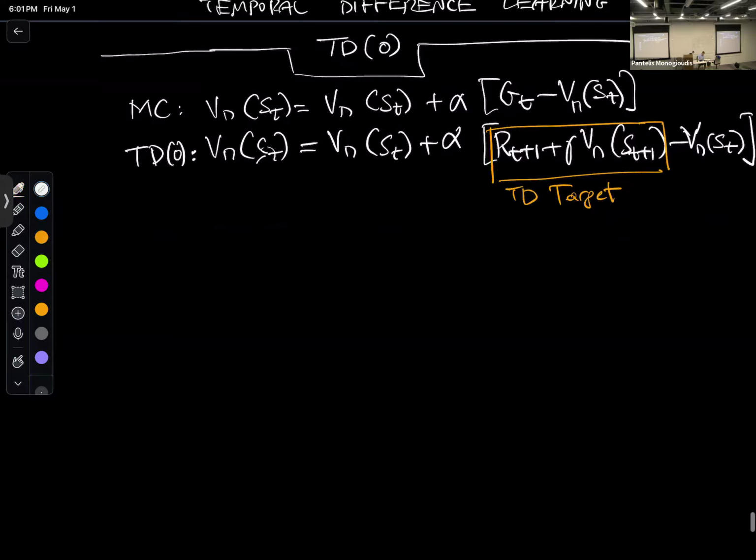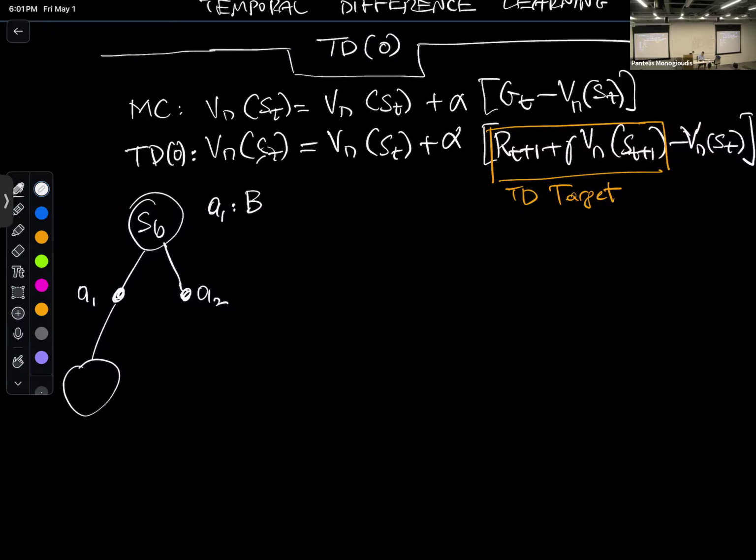Now, for me, the problem I'm facing every Friday: I am in Brooklyn. I'm in state SB, right? And I have to choose from two actions. The first action is called action A1, and the second action is action A2. A1 will take me through the Brooklyn Bridge.